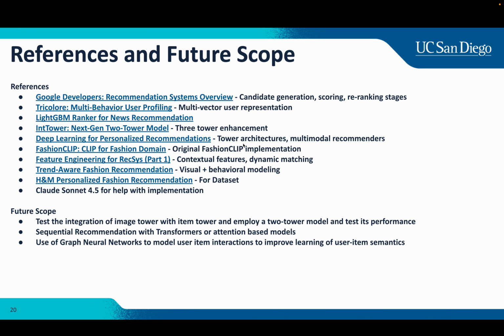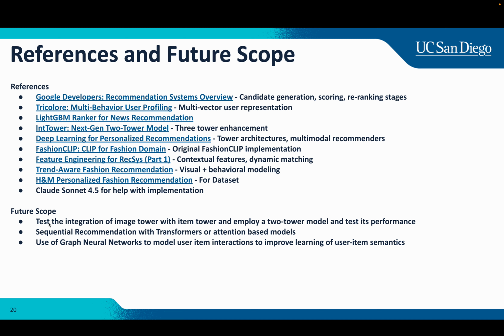Yeah. So these are the list of references that I used, and a few directions in which there could be future improvements. These are some directions that I explored while trying to develop solutions, but I was not able to implement them because of computational resources. As you could see, this image tower, item tower, and user tower.